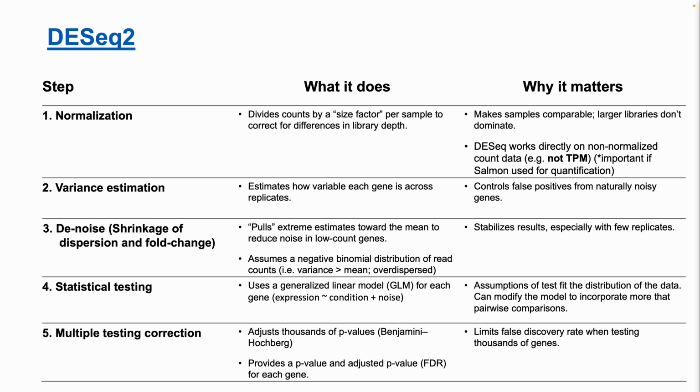This is a step that you wouldn't have to do, but we know that because of technical noise and biological noise, gene expression is a very noisy trait. That's an observation: one cell to the next, one tissue to the next, one time point to the next.